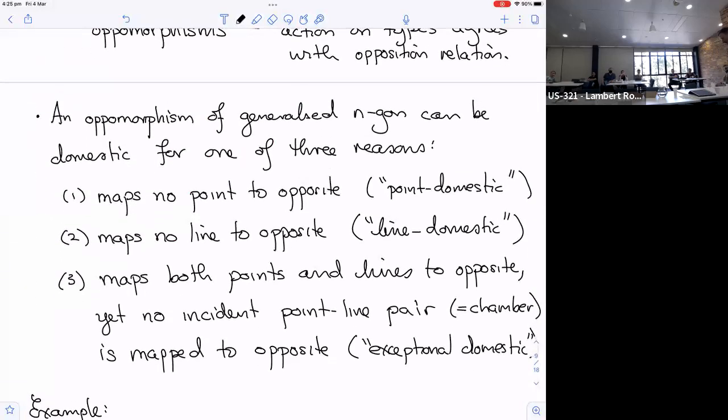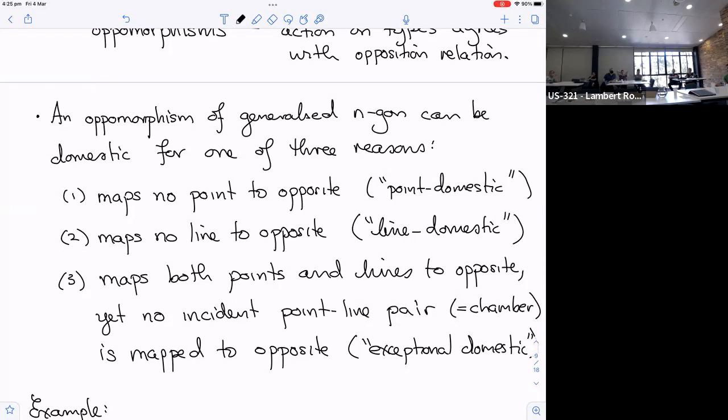So with that convention, if we're looking at automorphisms, just to repeat something I sort of said earlier, if you have an automorphism of a generalized polygon, well, it can be domestic for three possible reasons. The first is that there's no point mapped to an opposite point or line, whichever respectively it is.